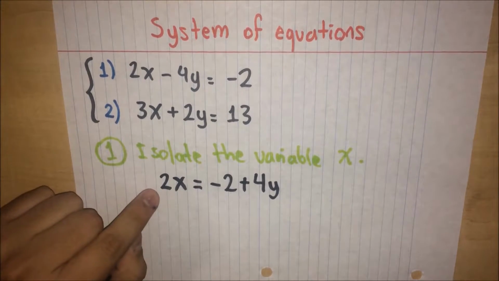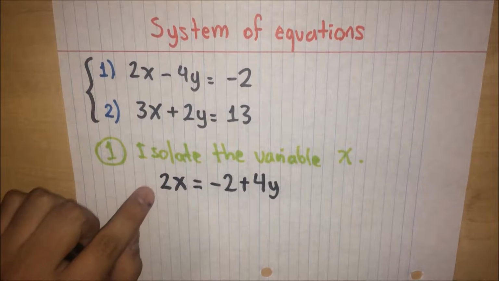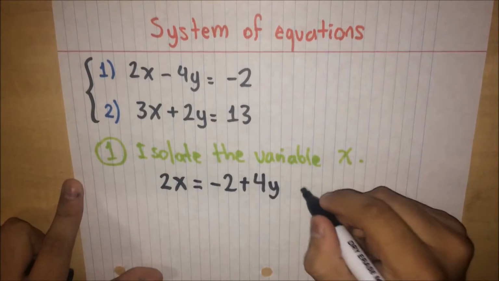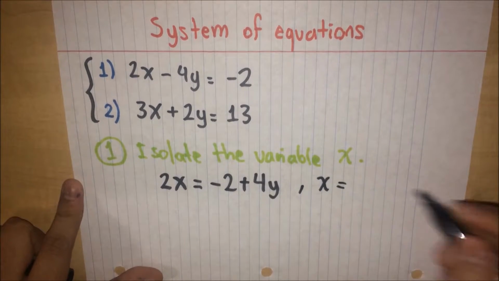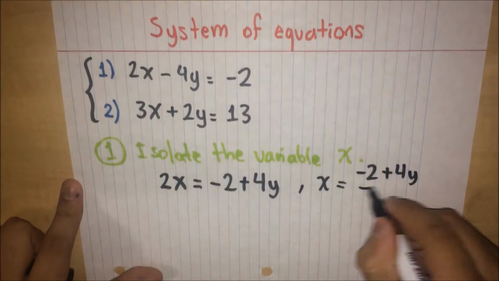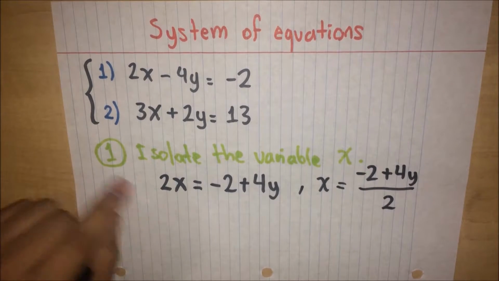Now we want to move this number 2 to the other side of the equation. On this side, this 2 is multiplying, so we are going to move it to the other side as a division, and this gives us that x is actually equal to (minus 2 plus 4 times y) over 2. And we have already isolated the variable x from equation 1.